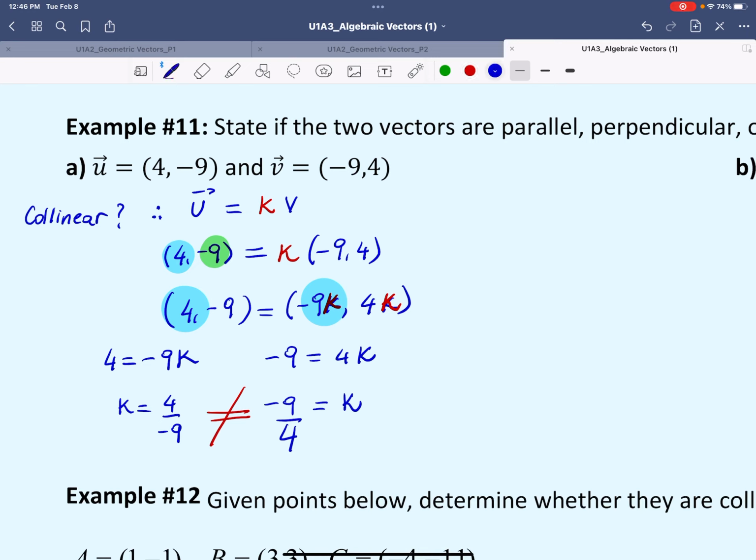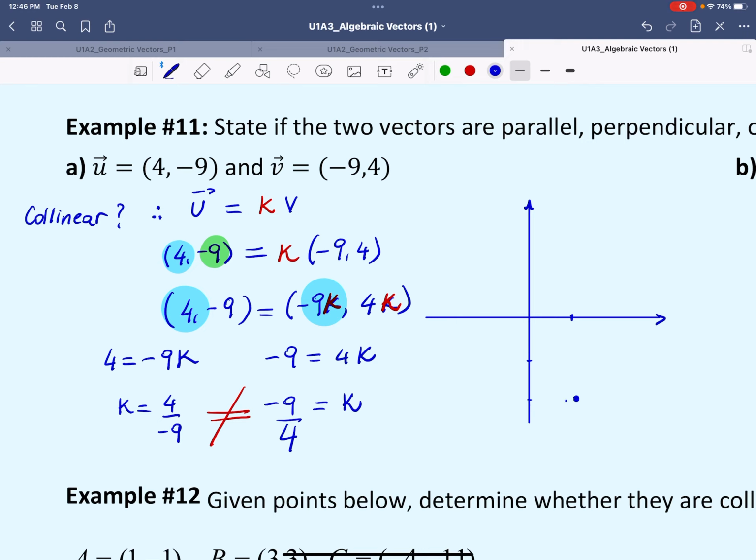So let's take a look at what they appear like on the Cartesian plane, and I'm just going to eyeball it actually because we're not scaling everything. If we have the vector 4, negative 9, let's say, for example, this is 4, and negative 9 must be somewhere just below this.